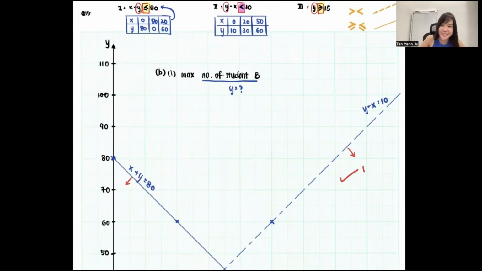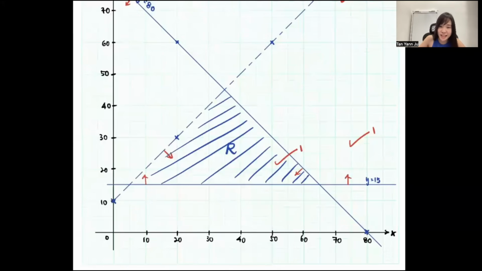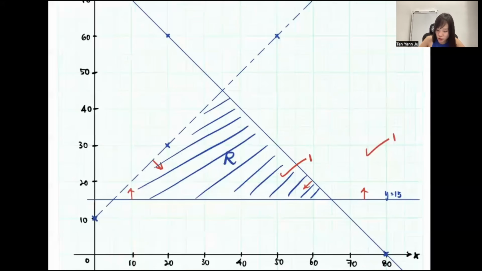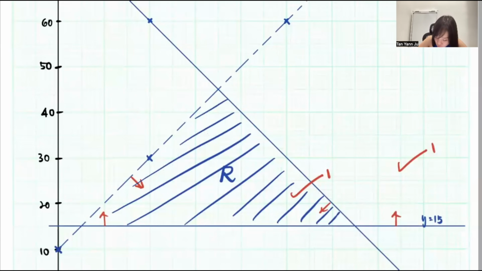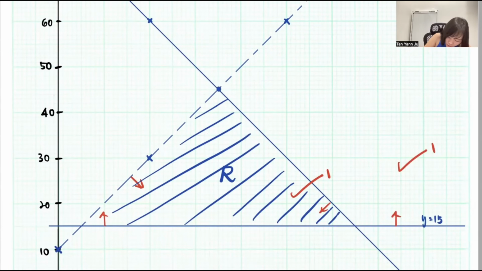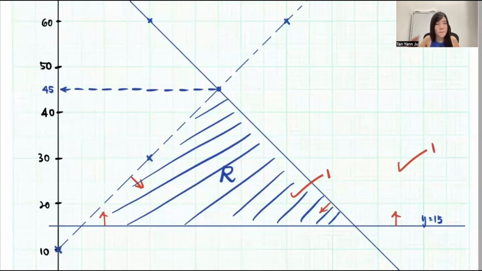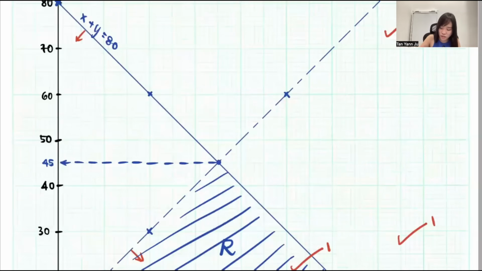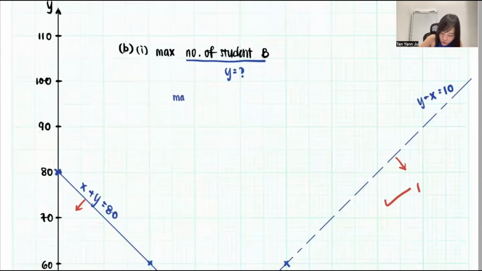I drew until 110, but it doesn't mean they go until 110, because whatever you can accept is the shaded region. So look at your shaded region. You want the maximum Y, you know it is this spot. When I look over to my y-axis, I get the value of 45. So the maximum Y I can touch is actually 45 students.